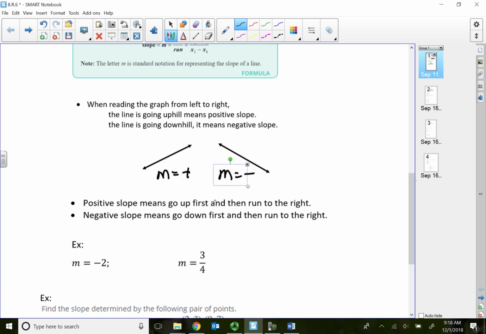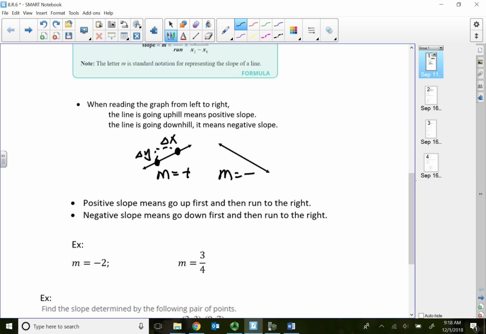Positive slope simply means we will go up so many places, and then we go to the right so many places. That's your delta y over delta x, the change in altitude over the change in displacement.